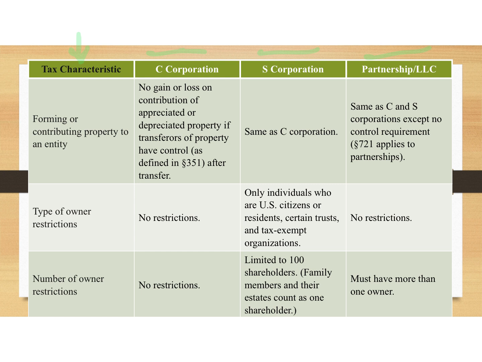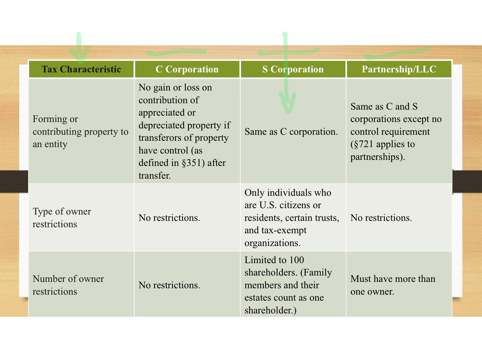Okay, so the next group of true, false, and multiple choice problems will be based on these types of concepts. The thing we should point out is that when you're forming or contributing property to an S corporation, it functions the same as a C corporation.